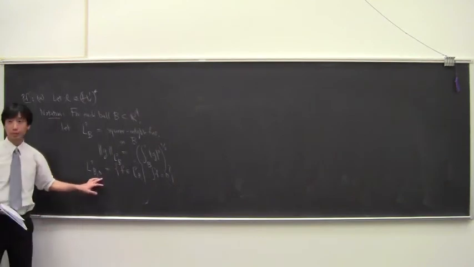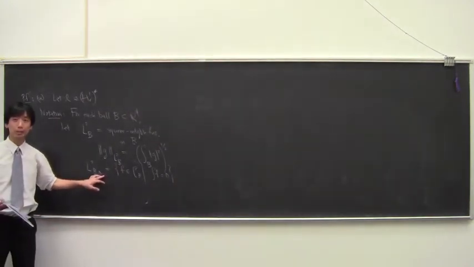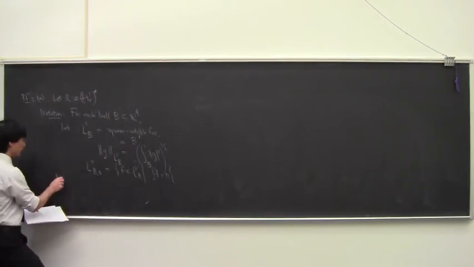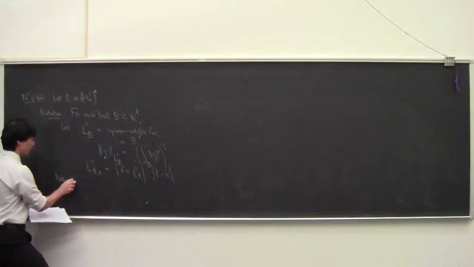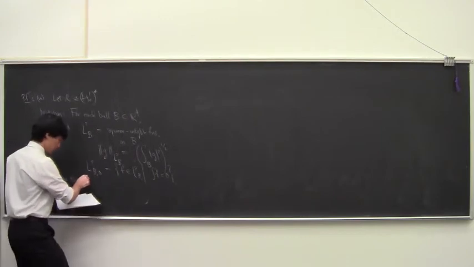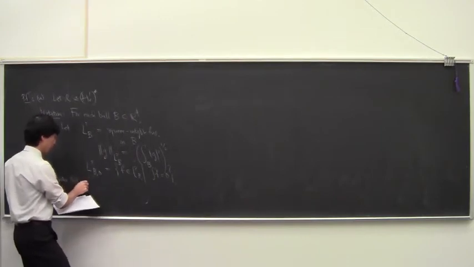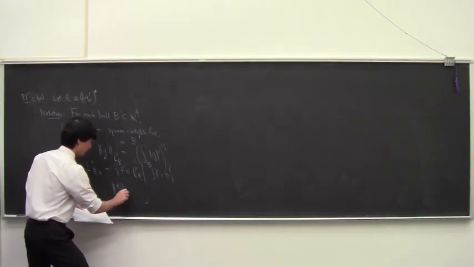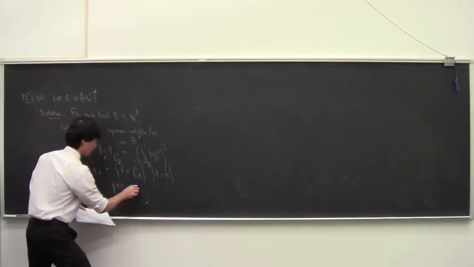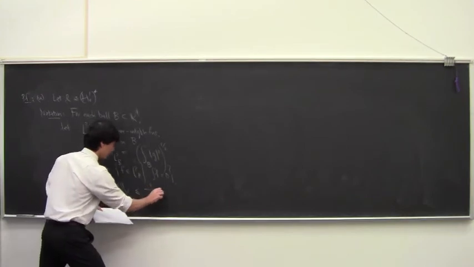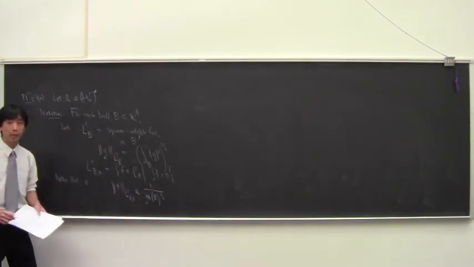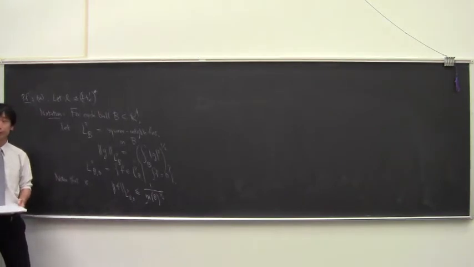So it's very close. These guys are very close to being atoms, as long as the L2 norm of the function is controlled by 1 over the square root of the measure of the ball.